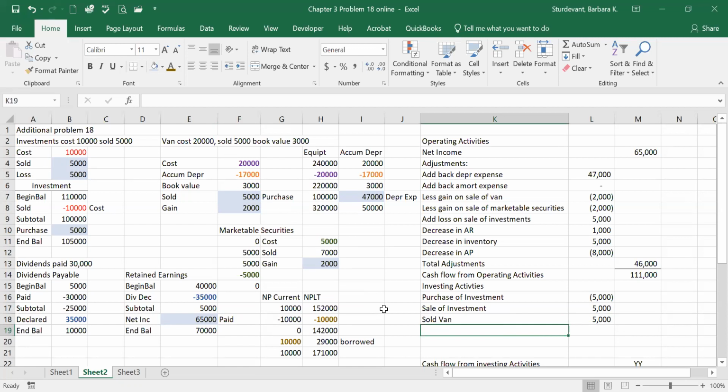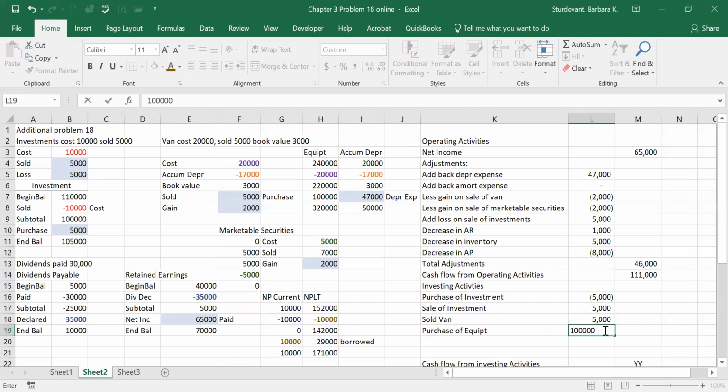Do we purchase any equipment? Yes, we did, for $100,000. Coming from right here. But what does that do to cash flow? That'll decrease it.